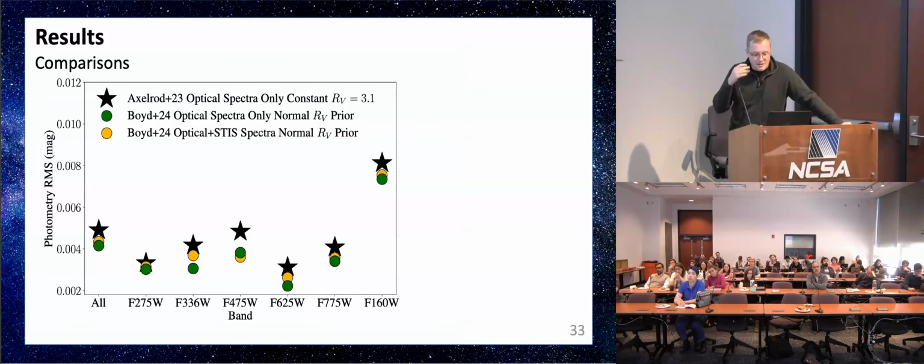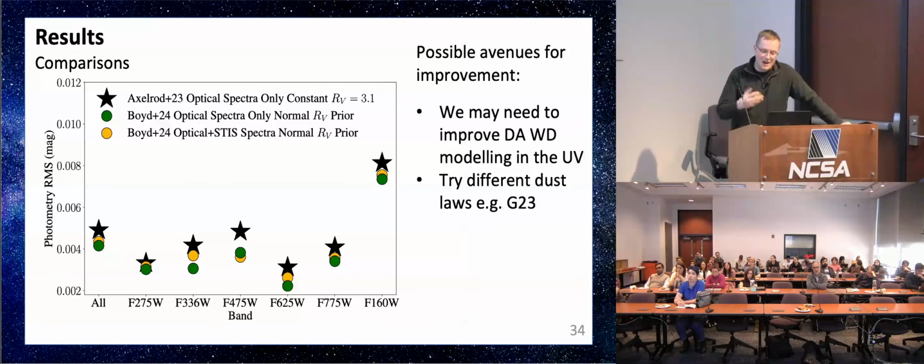Some more in-depth comparisons to old pieces of work. We're doing better in all the bands than the previous Axelrod 2023 paper. You can see here that the addition of the STIS UV data isn't improving things too much. In fact, in some cases, it's actually making things worse. But that doesn't mean to say that we should just throw away that data that people spend a lot of time doing proposals for.